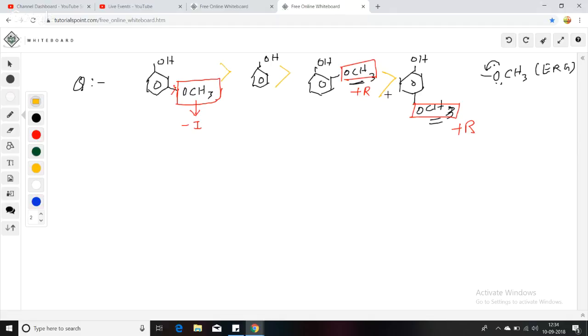Okay, one more very important comparison we have, and that we'll see.